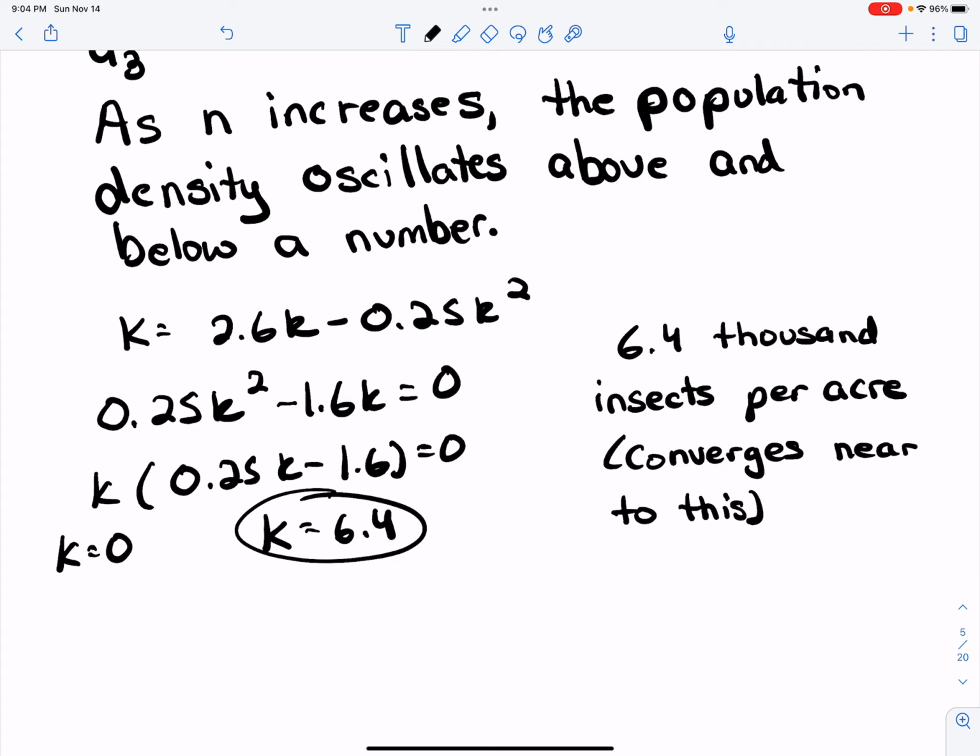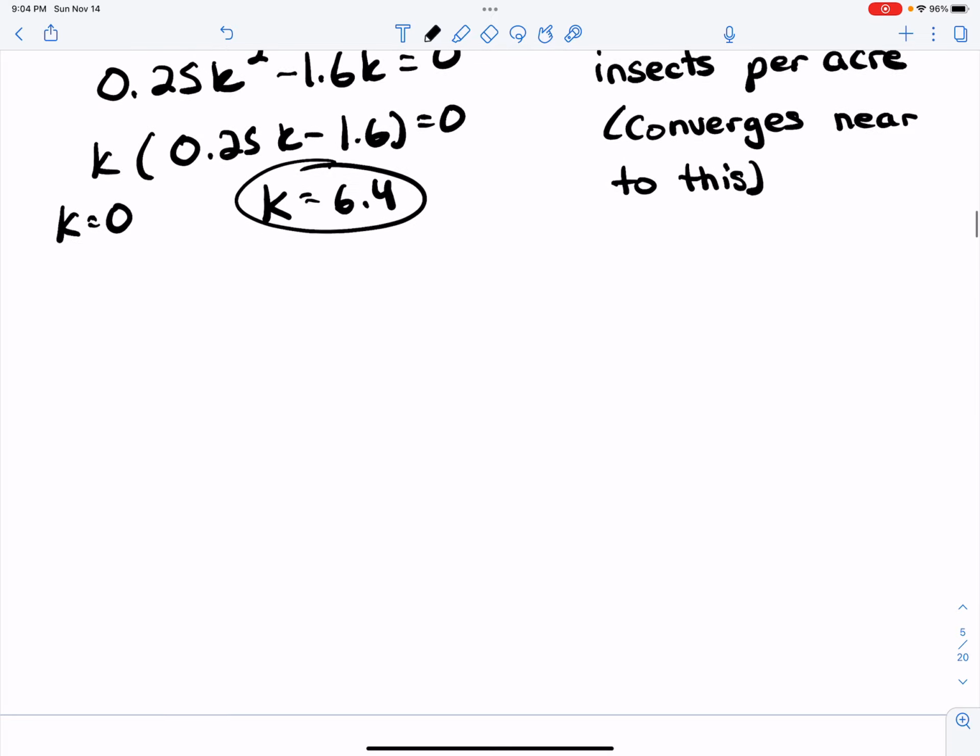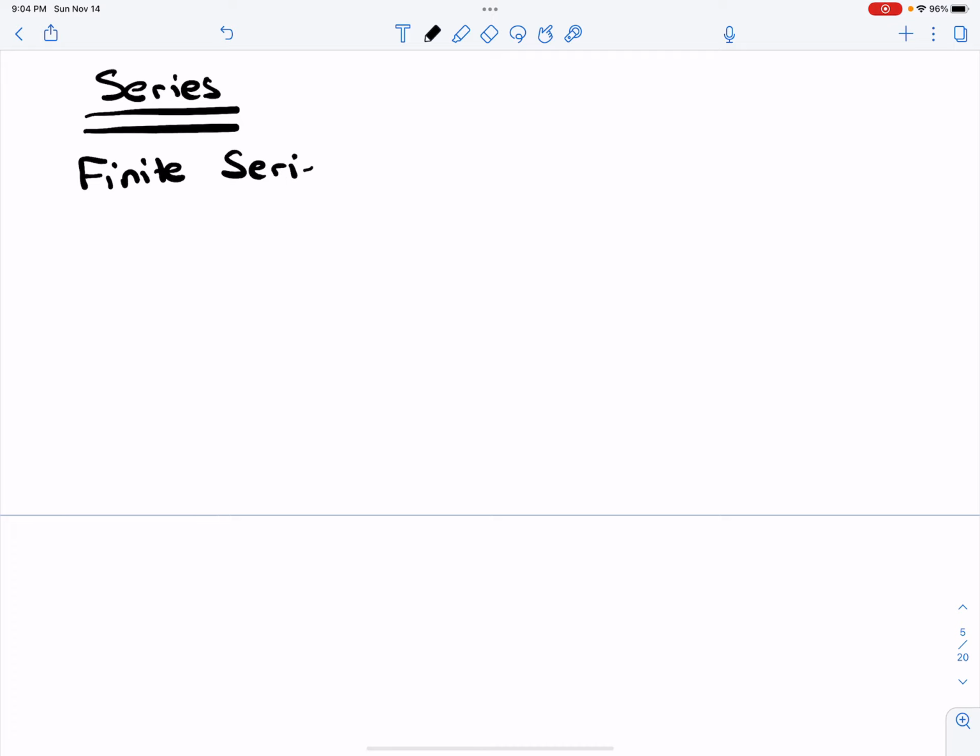Okay, so that's sequences. Now let's get into series. I'm going to introduce some new symbols. Okay, finite series. It's an expression. We'll use S sub n, where you take the terms of a sequence and add them up.